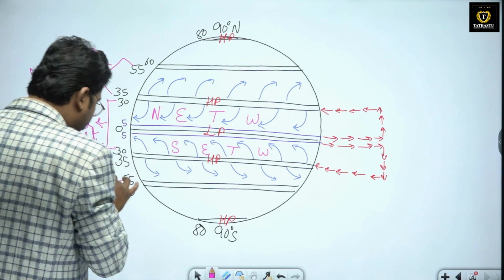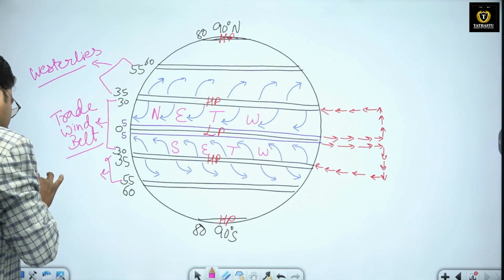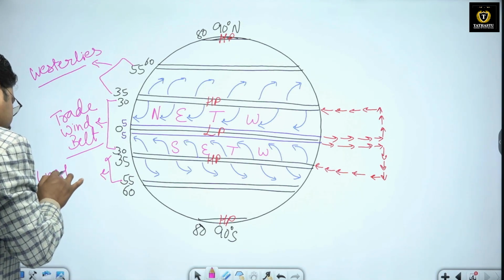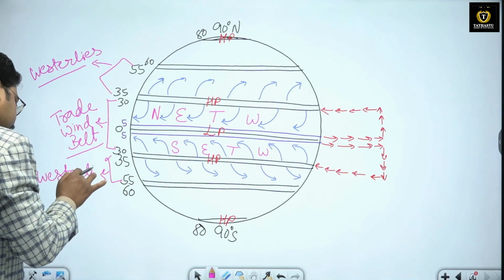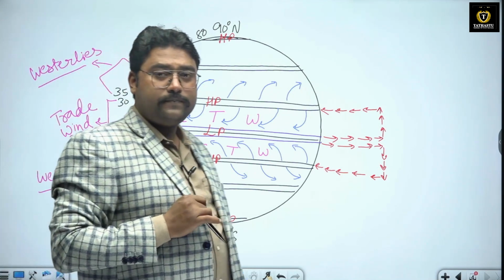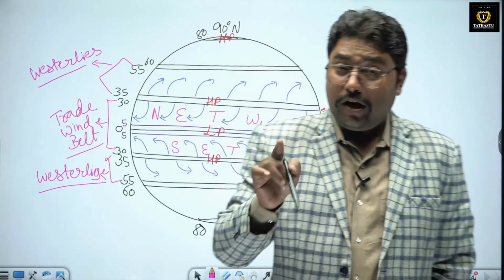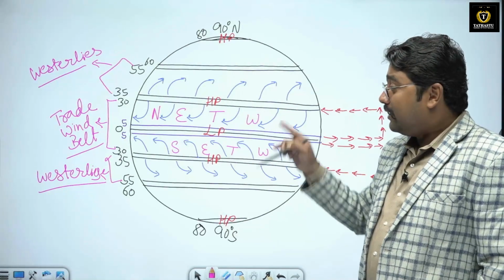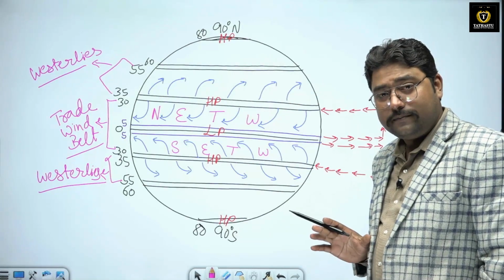Means one westerly belt is up and one westerly belt is down. We again got, along with 5 pressure belts, 3 wind belts.